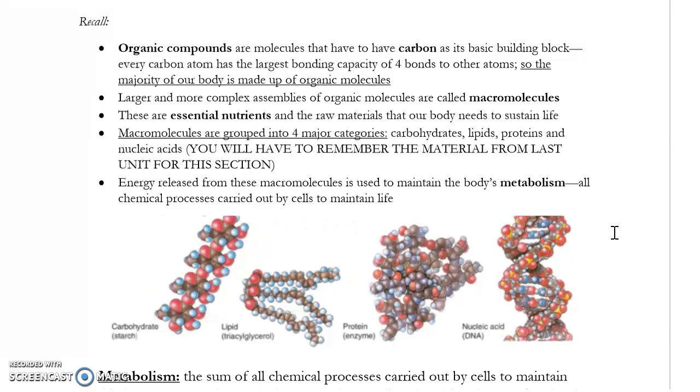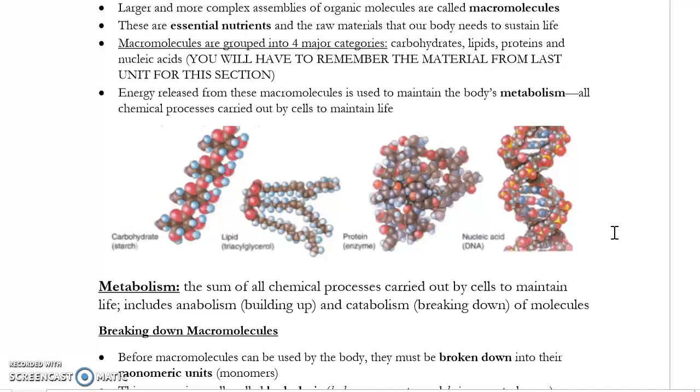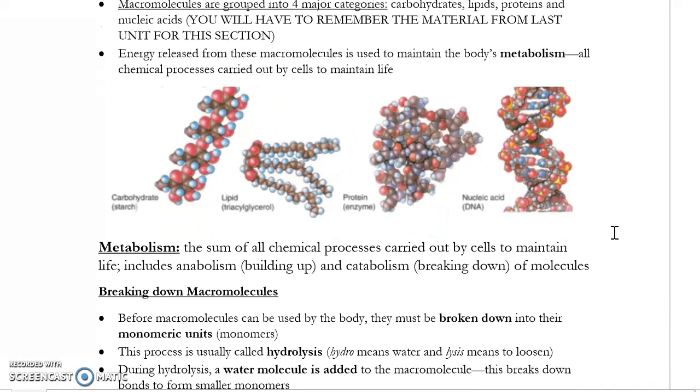So if we look at what metabolism is, metabolism you will study in more detail in grade 12, but for the purpose of this class, and especially in digestion, you're looking at metabolism as all sorts of chemical reactions or processes that are carried out by cells to maintain life. This means, one, building, so anabolic reactions, any sort of reaction that's like a synthesis, so you're forming molecules, or catabolism, which is the breaking down.